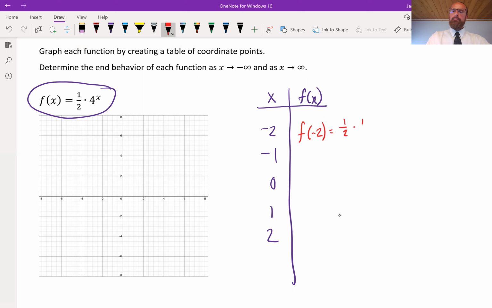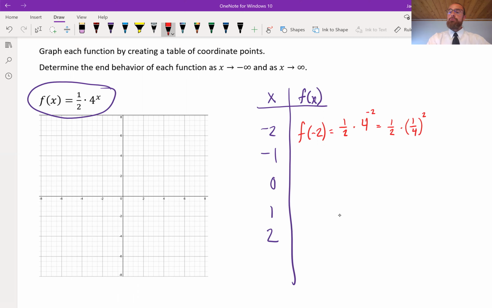So this is 1/2 times 4 to the power of -2. And we'll evaluate this. Remember that the negative exponent flips over the base. So if you think of that as 4 over 1, 4 to the power of -2 is 1 over 4 to the power of +2.